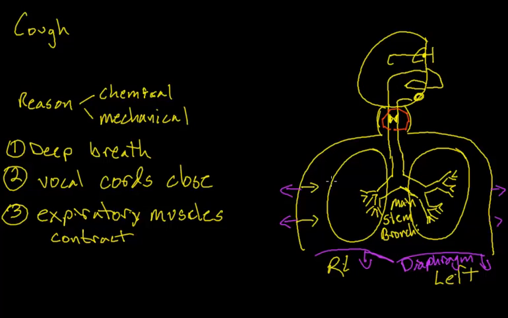The muscles of your chest are going to contract, and all of that's going to increase the pressure, and it's going to cause the air to want to move up. It's going to come out of all these little places, and it's going to try to come up here, and it's of course going to be stopped right there at the vocal cords. This causes the intrathoracic, or the chest pressure, to go up. So that's important. You have an increase in thoracic pressure.